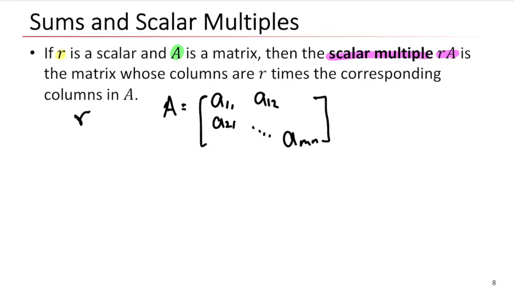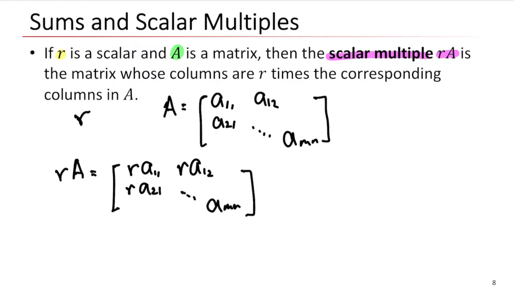Then in this case RA means R times each entry, something like this. Okay, something like that. I move quickly through this chapter because I think this is very intuitive. So if you have any question, please send me an email about this.